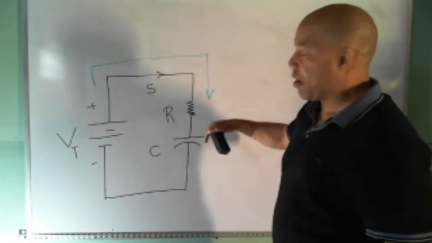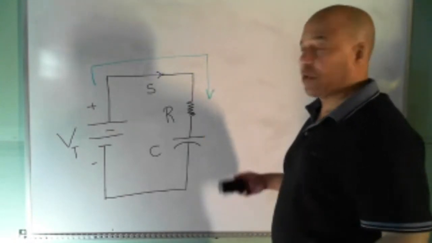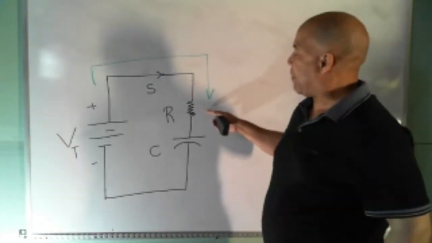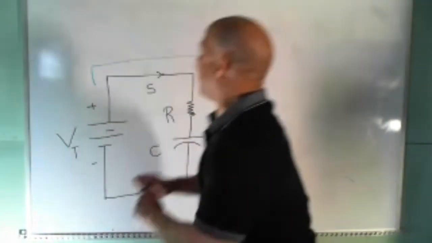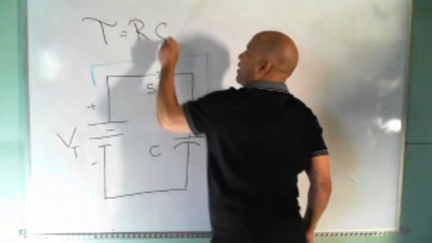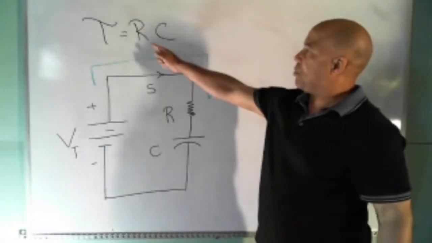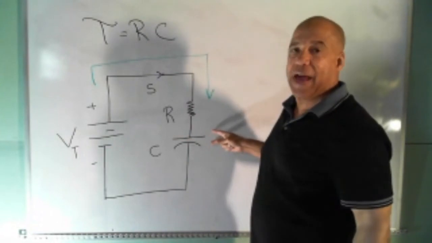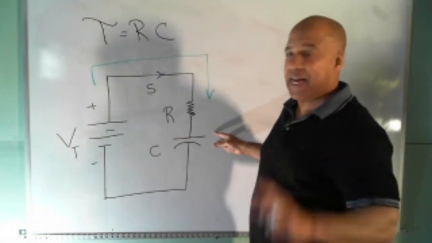If I want a lot of current to go into the capacitor, I use a lower value resistor. So I can control the speed at which the capacitor charges up, and that's where the time constant comes into play. Actually, tau equals RC. By choosing the proper size R and C, I have total control over how long it takes the capacitor to charge up. But again, I'll get to that in a second.